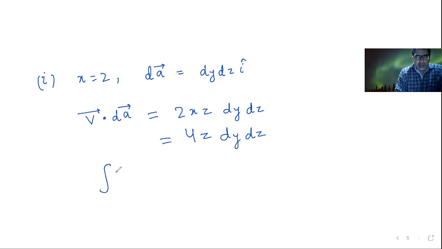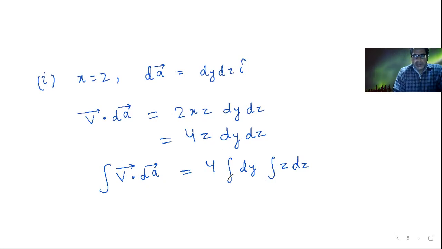Now I have to take the integral of V dot dA, which is simply 4 times the integral of dy and z dz.